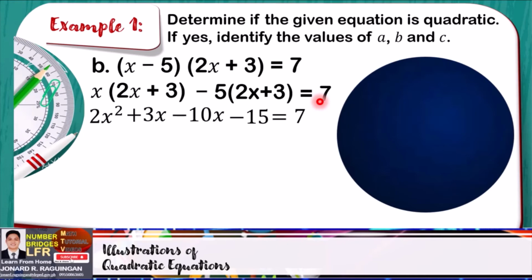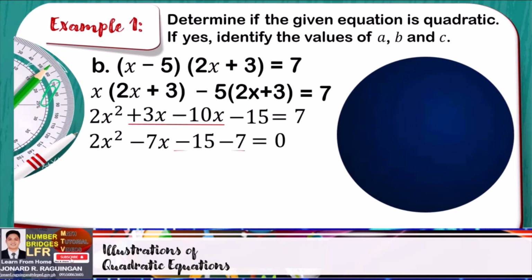Then combine similar terms. Copy 2x squared. 3x minus 10x is equal to negative 7x minus 15. Applying the addition property of equality, add both sides by negative 7 is equal to 0.